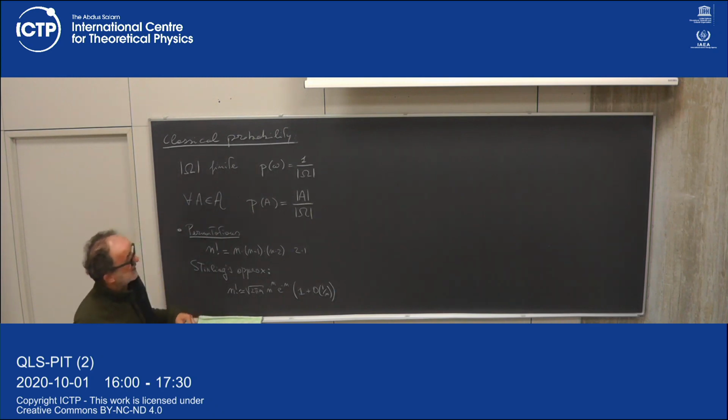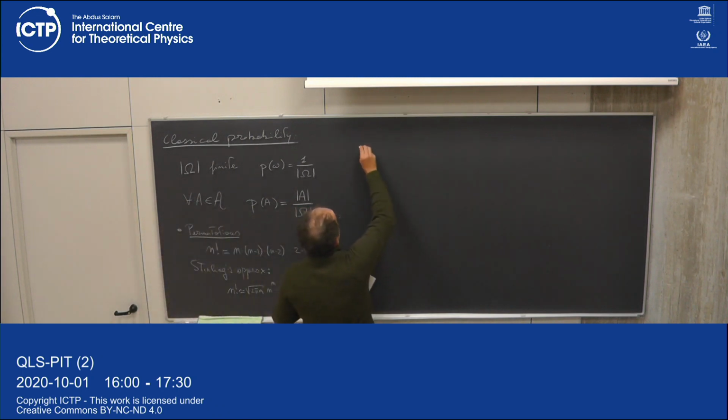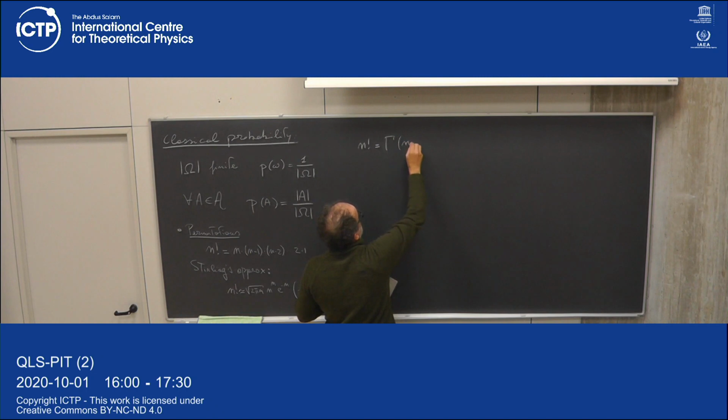So I will give a different derivation of this result, which is based on the identity that n factorial is actually given by the gamma function computed in n plus 1.